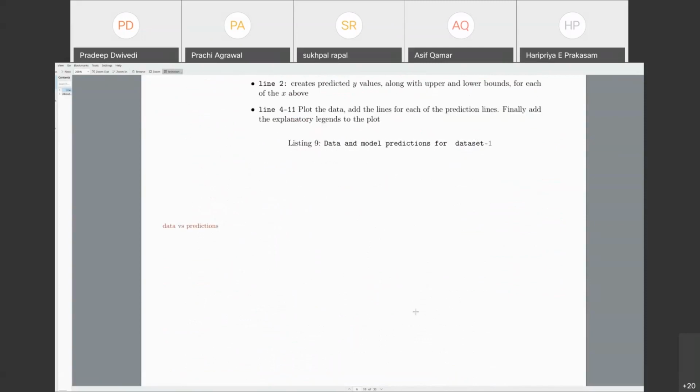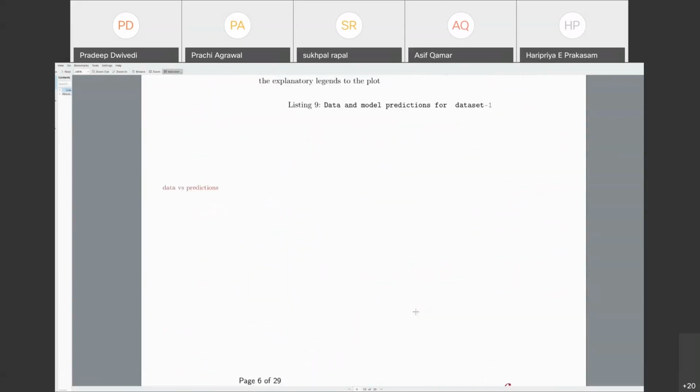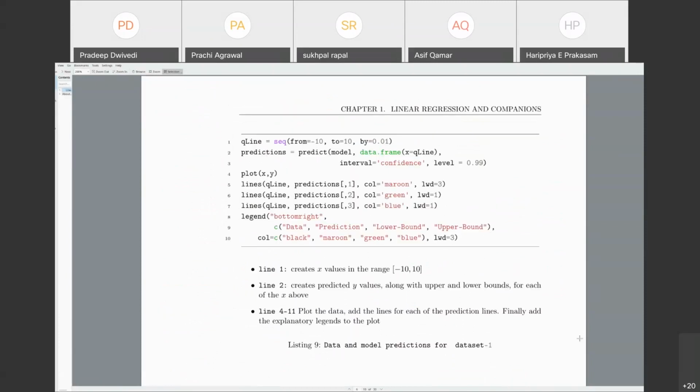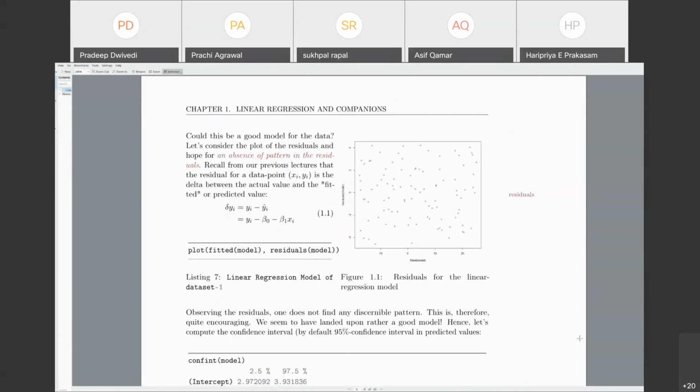But the one thing that we need to check is this. When you plot the residuals against the model, the y hat, or the y, it doesn't matter, what should you see in the residuals? They should be uniformly spread, right?